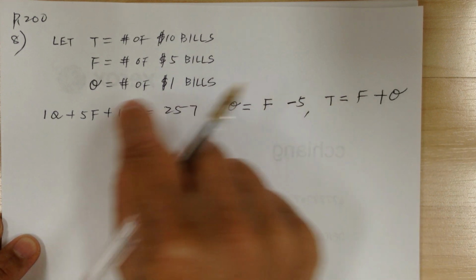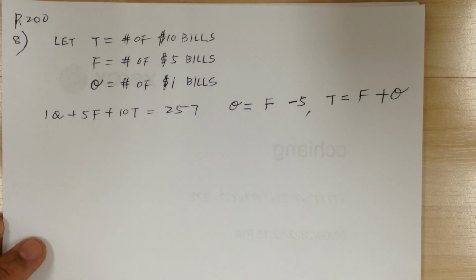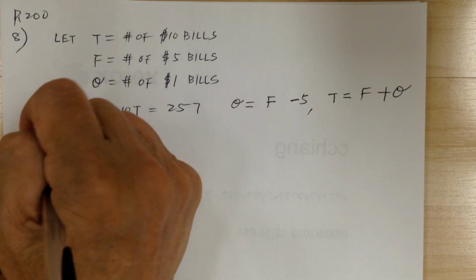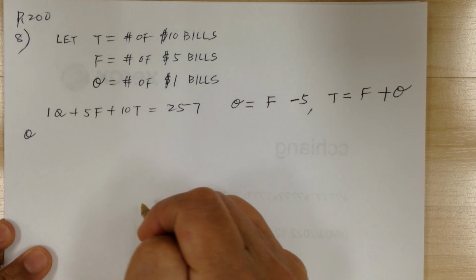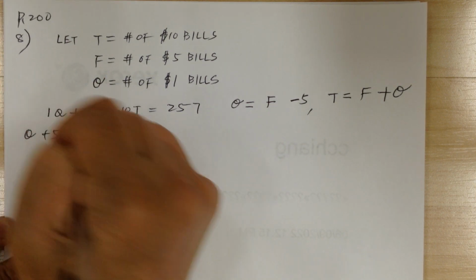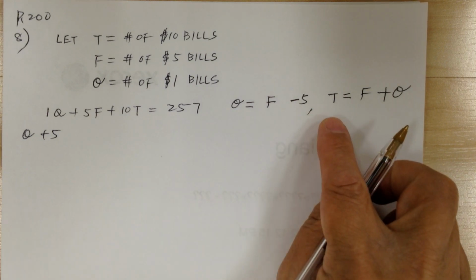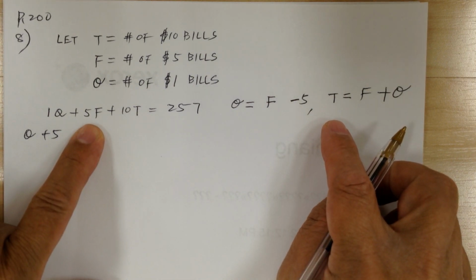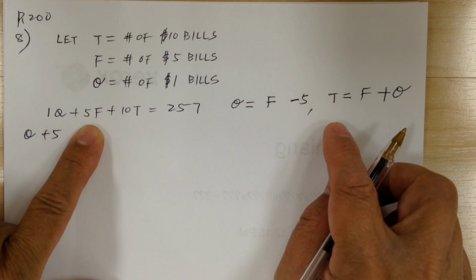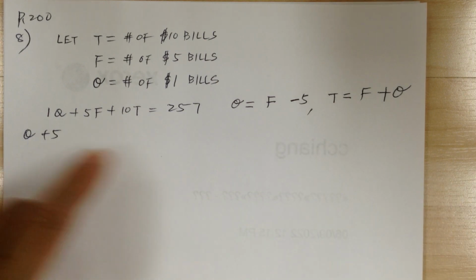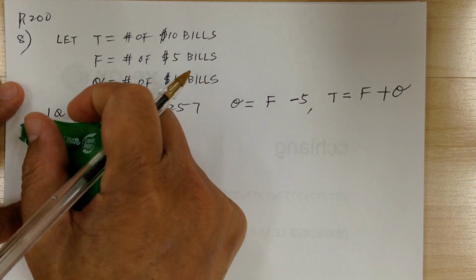Again, look, this is a substitution kind, so you have to substitute this into here. Okay? So 1 times O is just O, so that doesn't do anything. Plus 5 times F. Let's put it back. O is F minus 5.